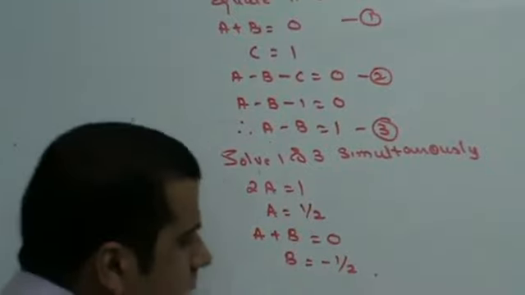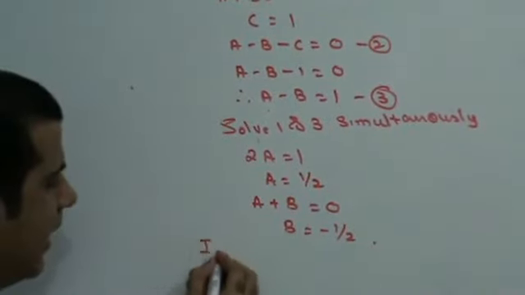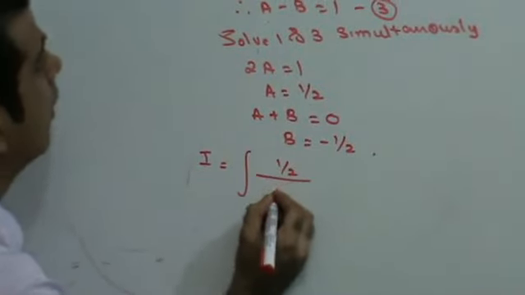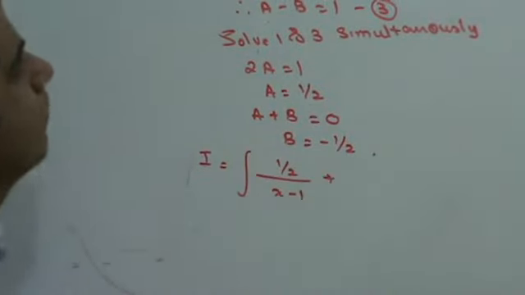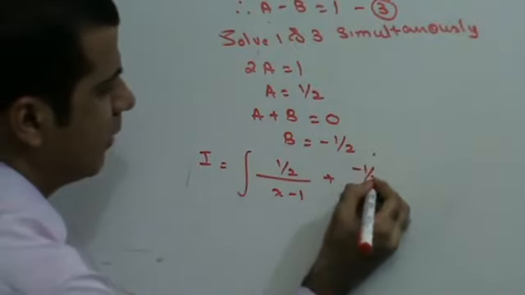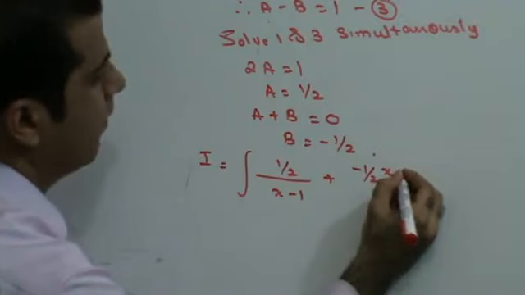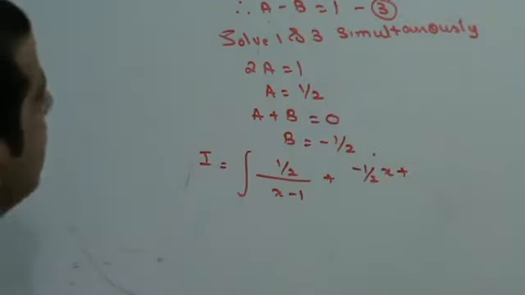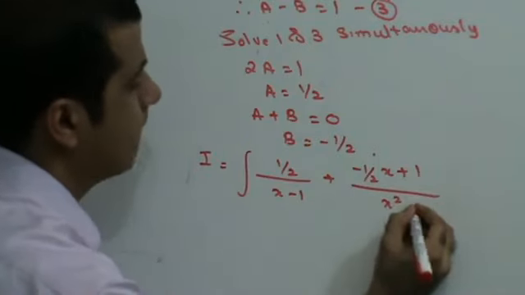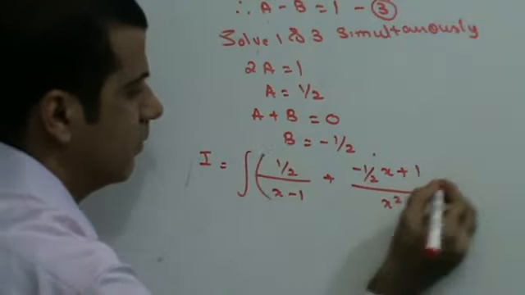Once this is done, now you can solve the sum. I is integral of A was 1 upon 2 times 1 upon x minus 1 plus B is minus 1 upon 2 x plus C we found out as 1, upon x square plus 1 dx.